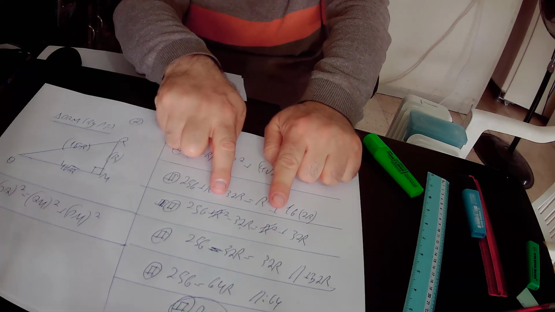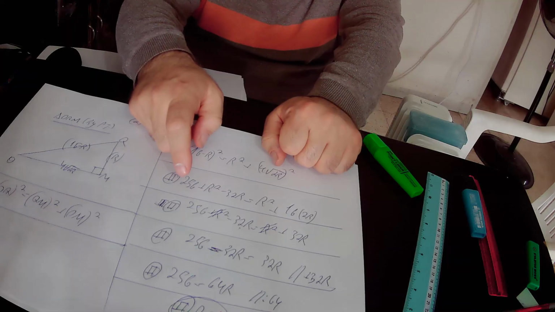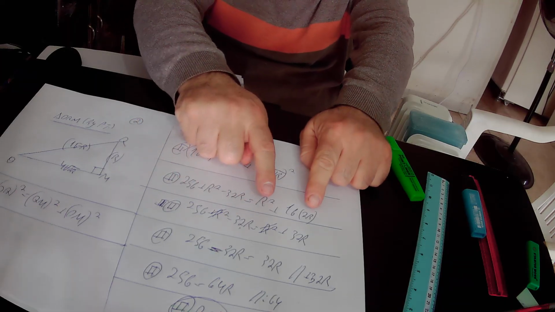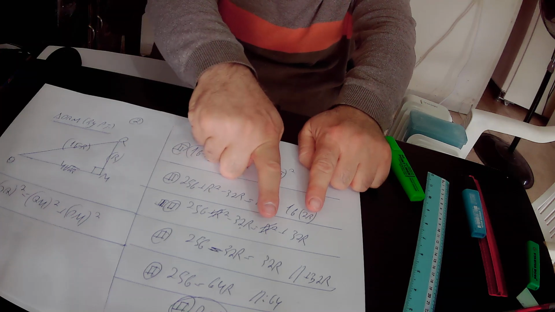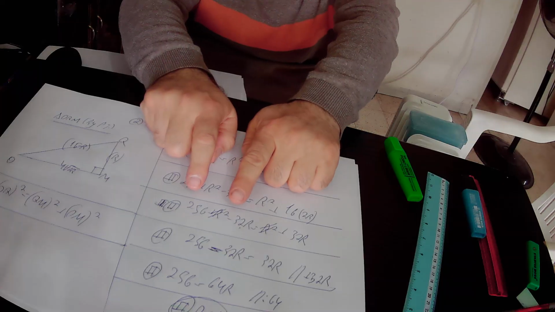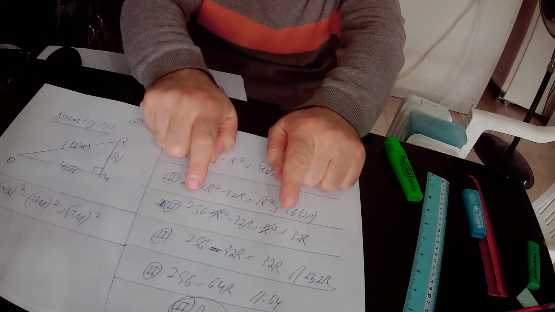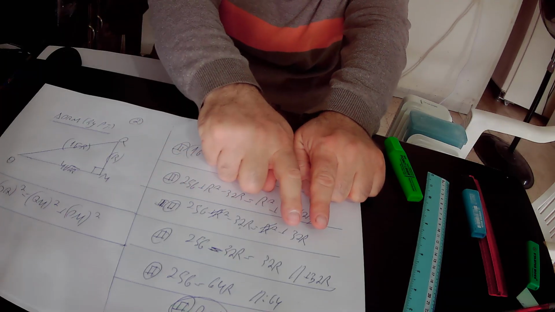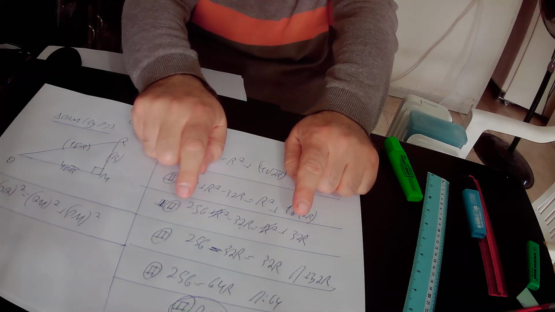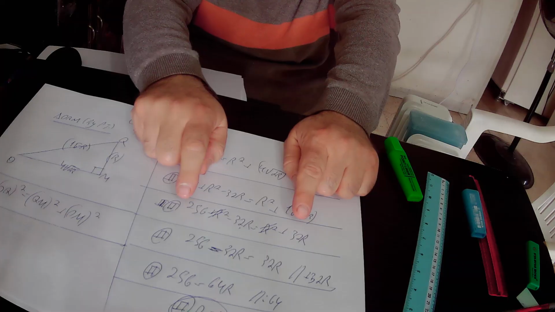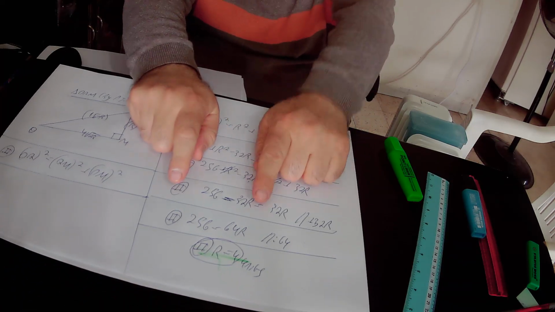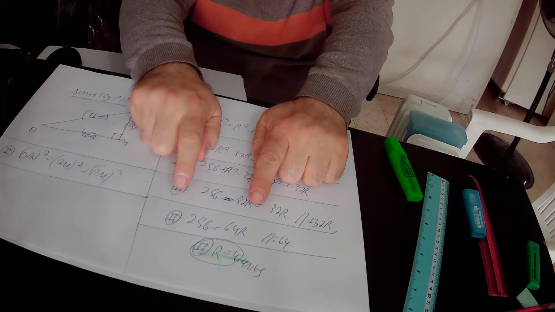After we cancel R square, on one side we are left with 256 minus 32R, and on the other side only 32R. Here we add 32R to both sides and find that 256 equals 32R plus 32R, that is 64R. So 256 equals 64R.